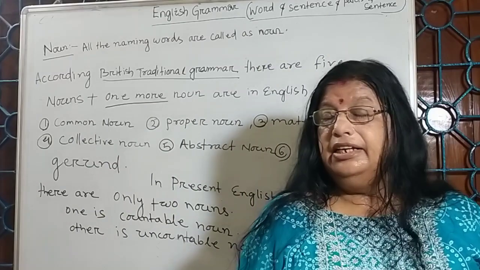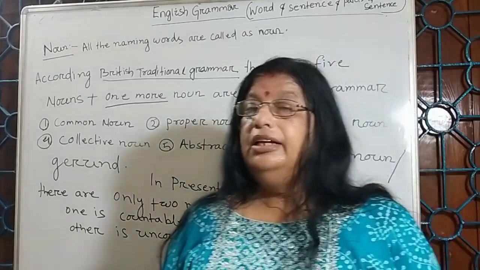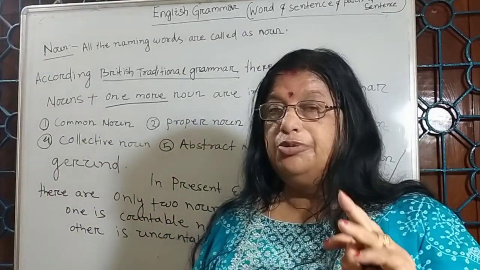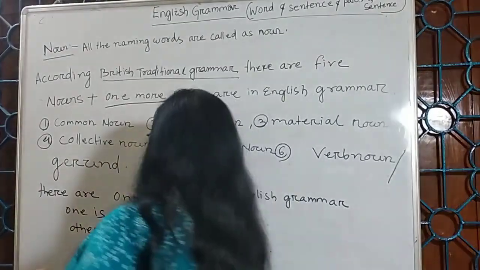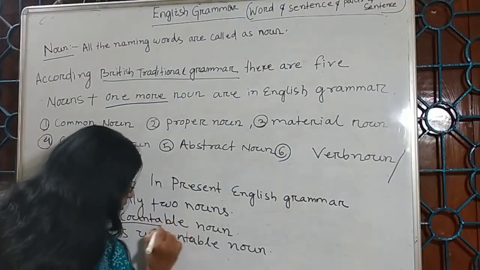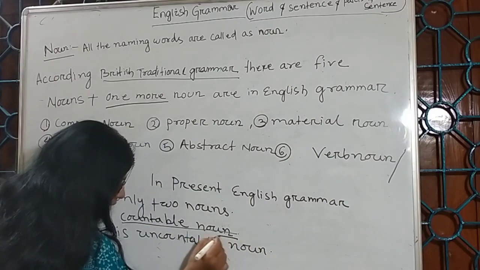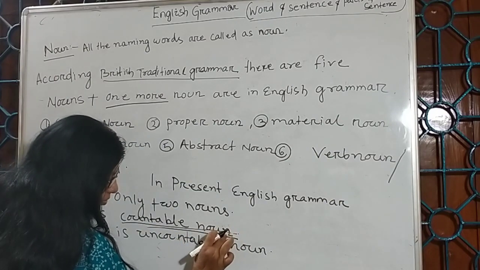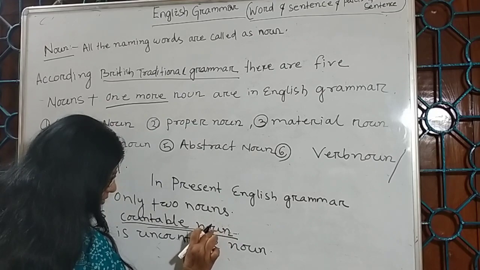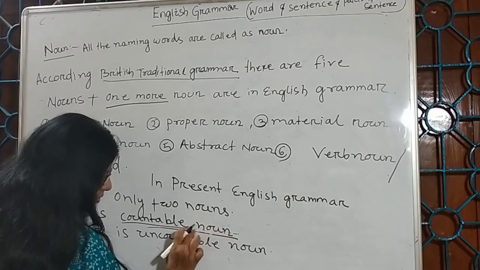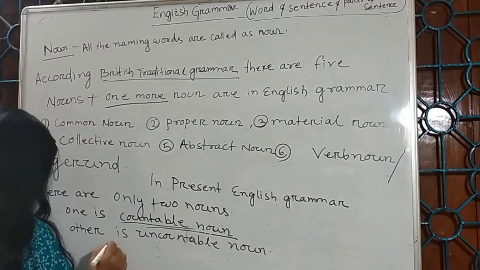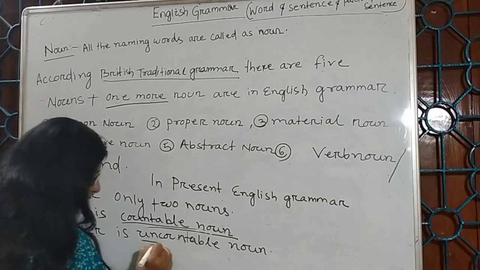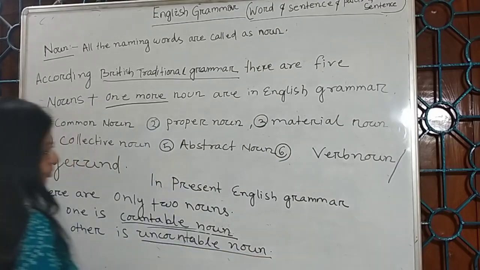According to that revised grammar, there are only two nouns in English grammar: a countable noun and an uncountable noun.